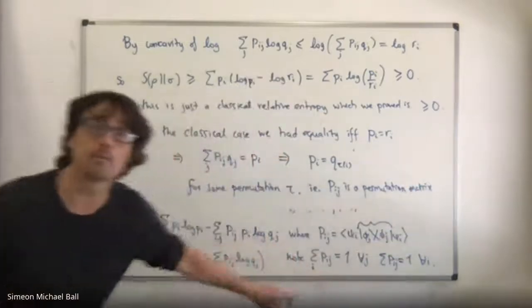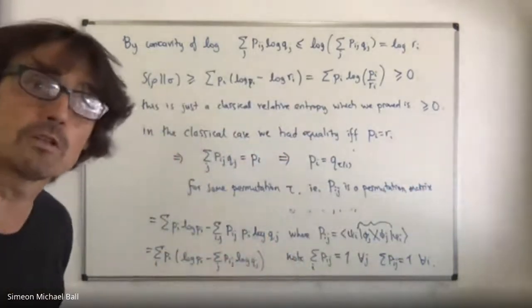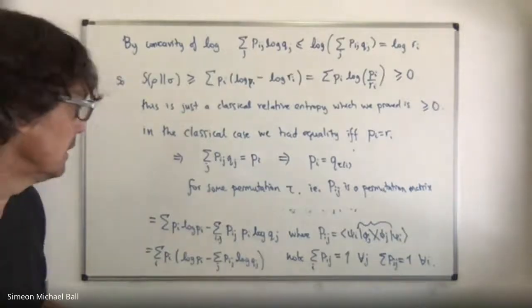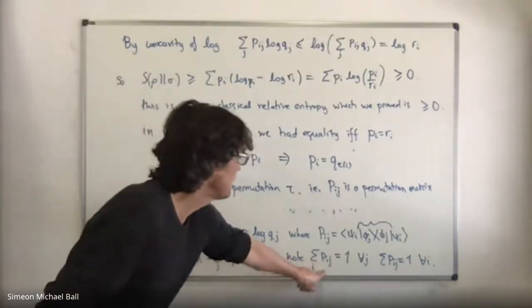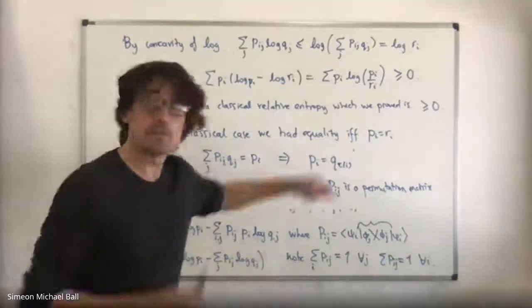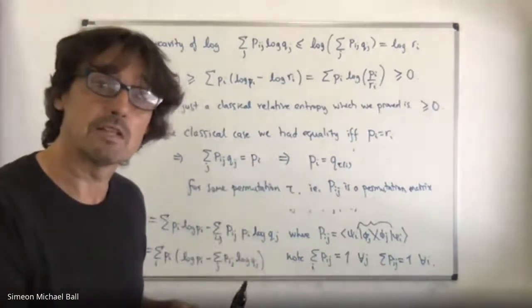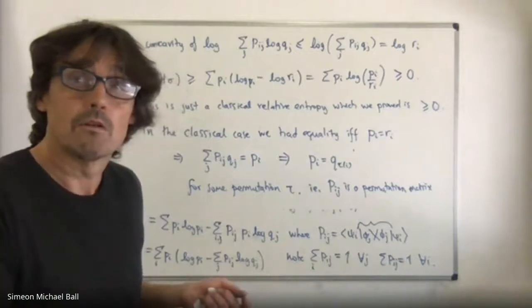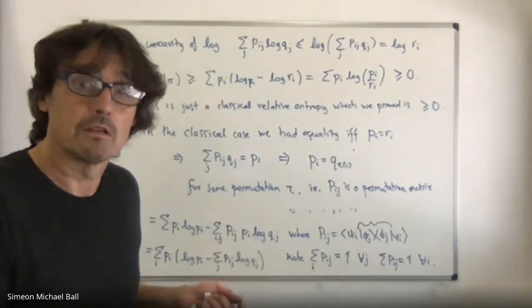Recall from down here, we proved that the sums in the columns sum to 1 in this big P matrix. So up to a permutation of the indices and the bases, rho and sigma are the same thing.